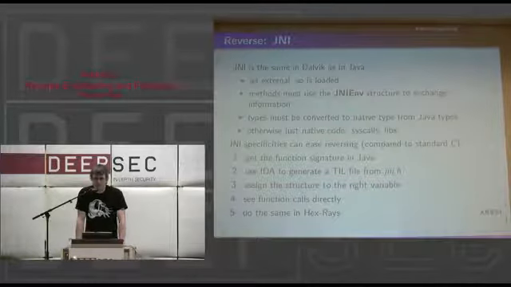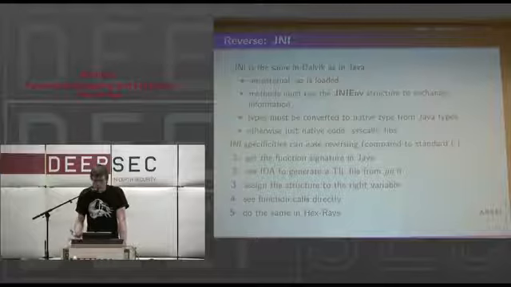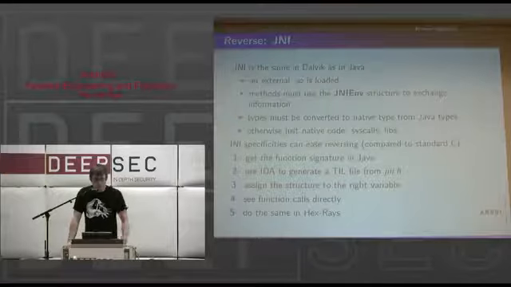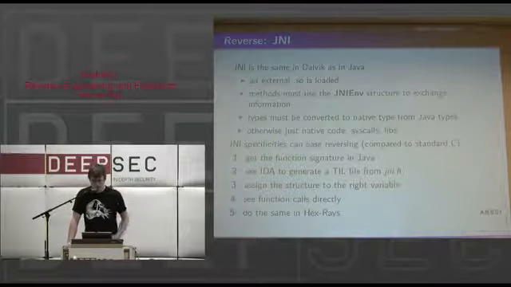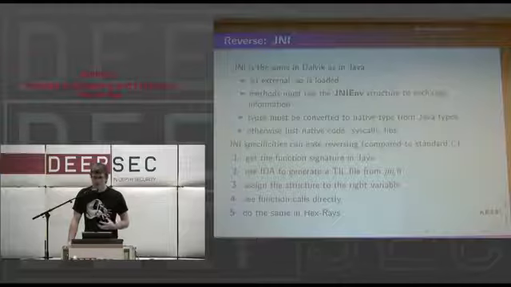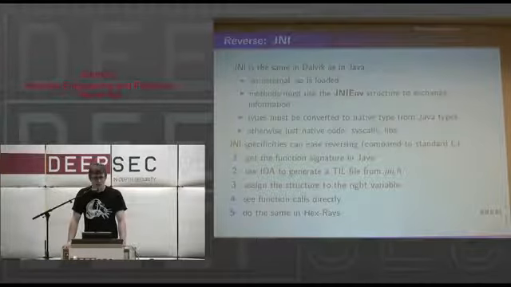The last specific part of reversing Android applications, which fortunately doesn't appear that often, is JNI. It's the native code running part of an application. At the beginning, when you load the application, the shared library that is in the archive is loaded. Afterwards, the methods that are present are used directly by Java code.